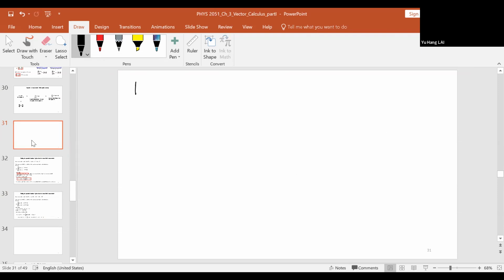So this is the vector field that I'm going to talk about. Again, it's in a two-dimensional space. Suppose I have this vector field here.